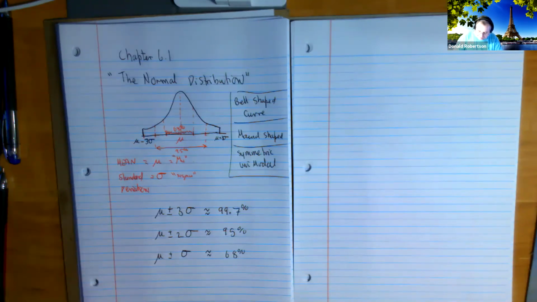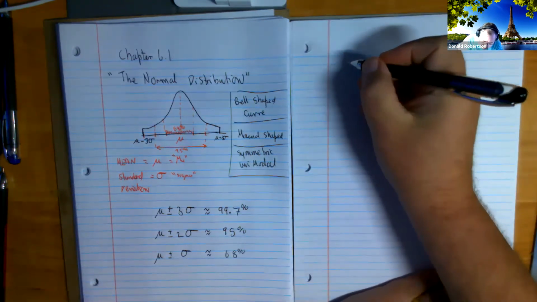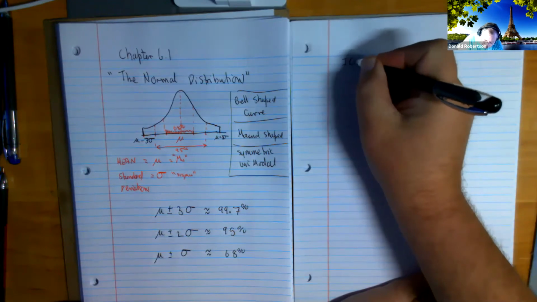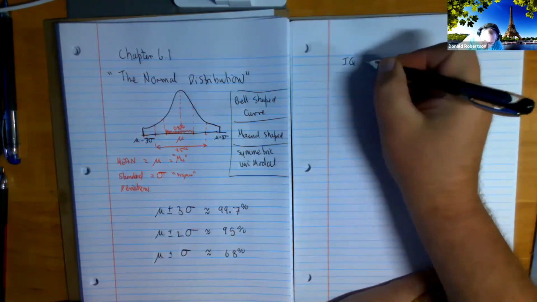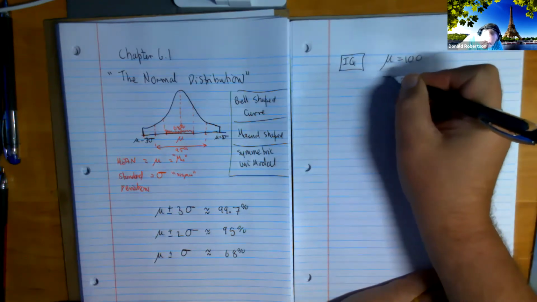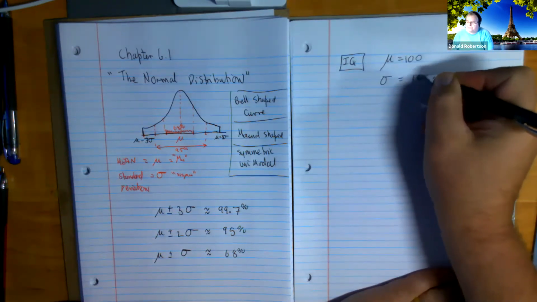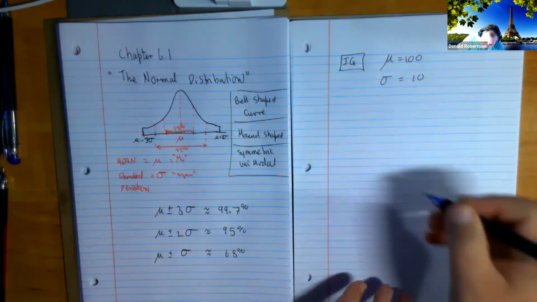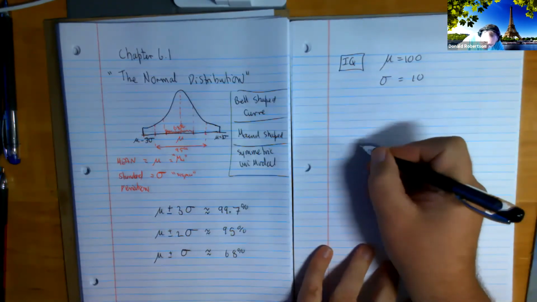So let's suppose we do IQ. If you have ever had an IQ test, the mean is 100 and the standard deviation is 10. Now I'm going to create one of these normal distributions.